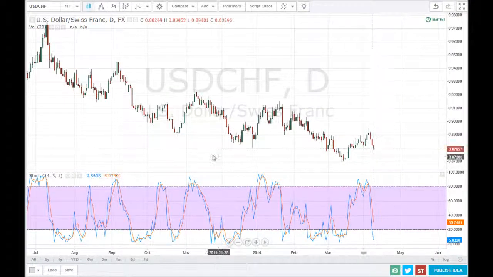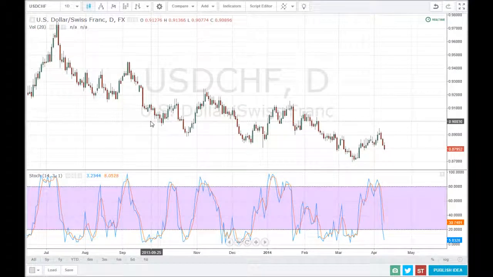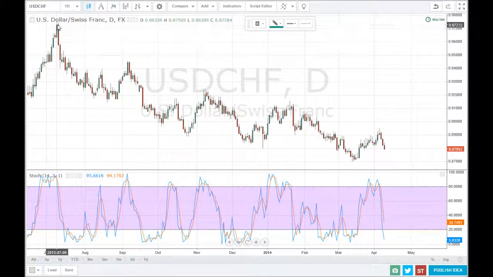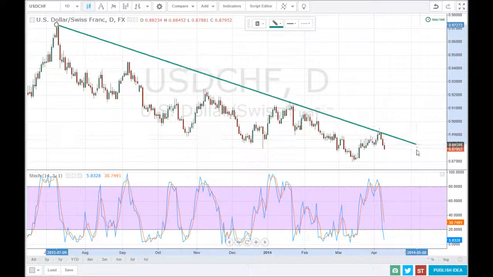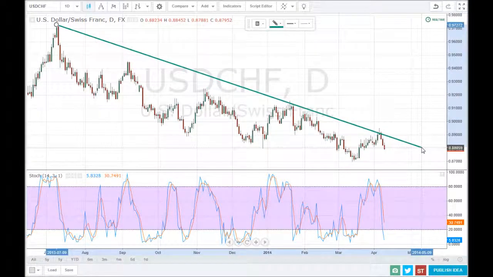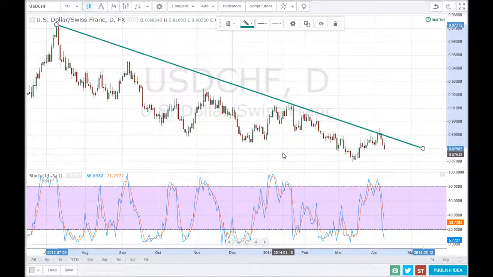This is today's candle. If we join some highs on this trend, we can create a trend resistance. Like so.